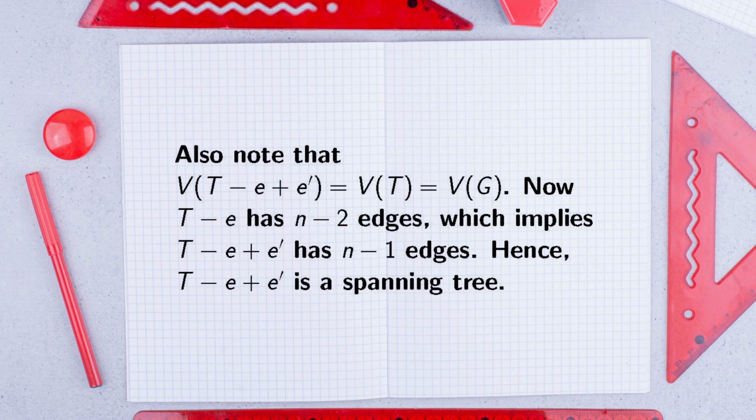This implies T minus E plus E dash has n minus 1 edges, and that means it is a spanning tree.